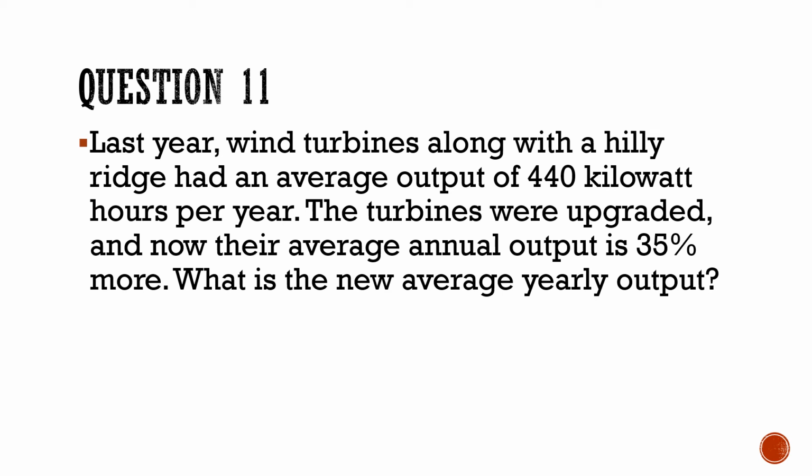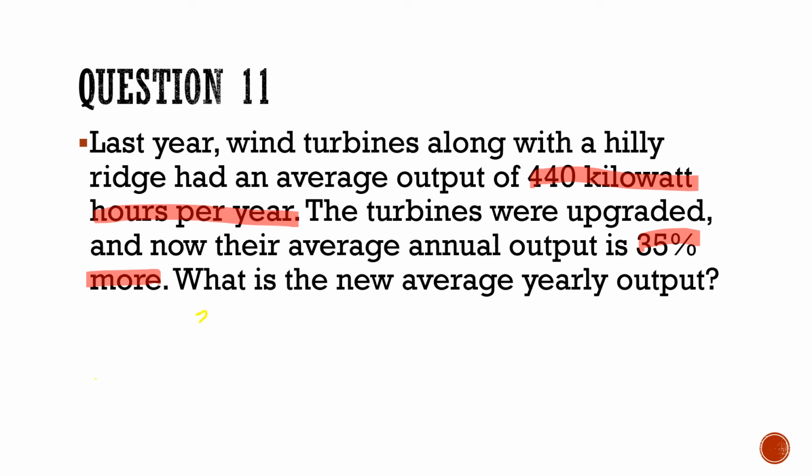Last year, wind turbines along with a hilly ridge had an average output of 440 kilowatt hours per year. The turbines were upgraded and now their average annual output is 35% more. So what is the new average yearly output?